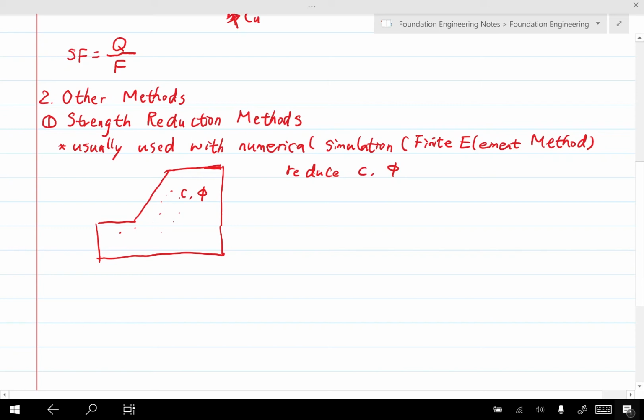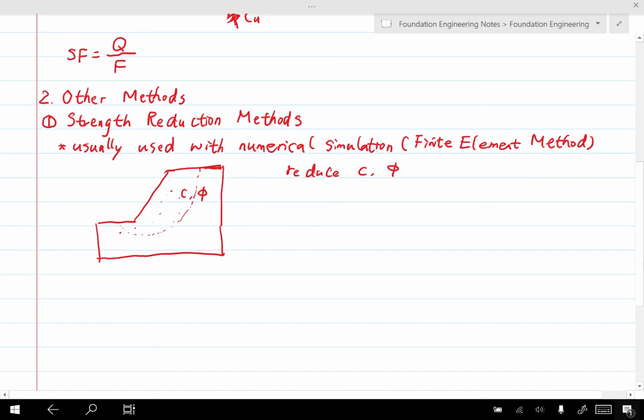At some specific point, the soil is so weak that it cannot sustain the weight of the soil body. What's going to happen is that we will see a plastic region develop inside the soil body.